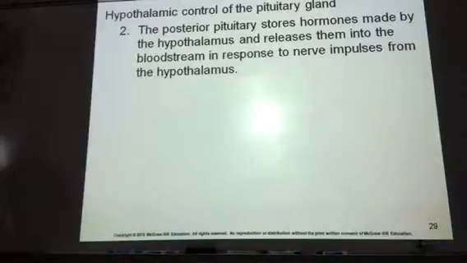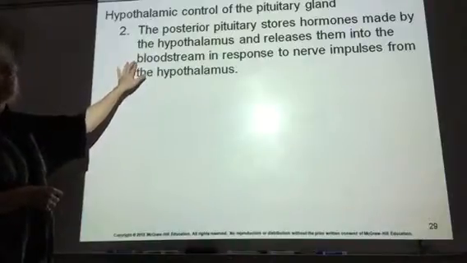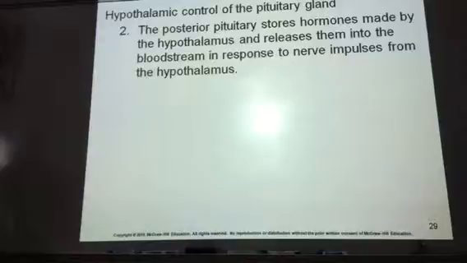The posterior pituitary mostly stores hormones that are made in the hypothalamus, and then they will directly release them into the bloodstream. So the front, the anterior pituitary gland, is going to send some hormones.